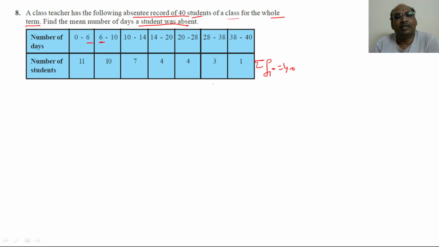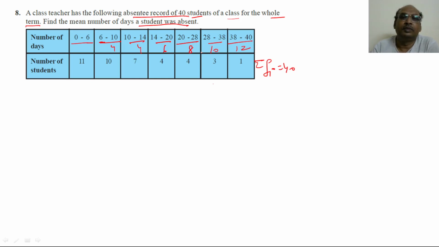If class sizes are different, we cannot go for the step deviation method immediately unless the class sizes are made the same. Here the class size is 6, here 4, here 4, here 6, here 8, here 10, and here 12.